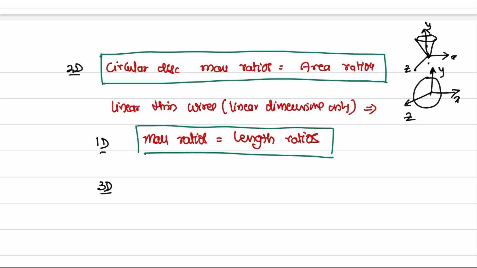Then in three dimensions, because we are keeping densities the same, mass ratios will be volume ratios.